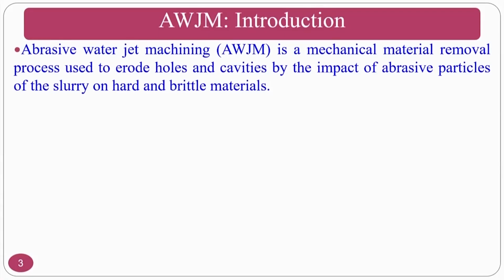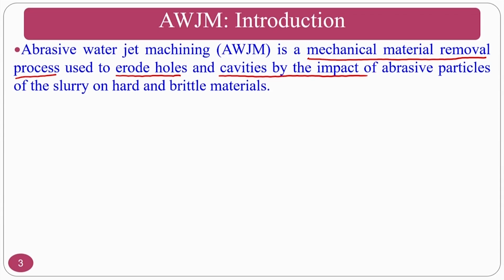Introduction. Abrasive jet machining is a mechanical material removal process, because the material removal is taken care of by abrasive action, that is nothing but abrasion, because of which it is called a mechanical material removal process. Basically, abrasive particles erode the holes and cavities by the impact of abrasive particles and the slurry on hard and brittle materials.